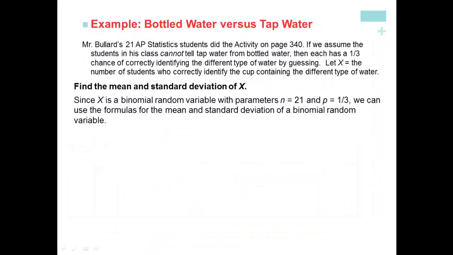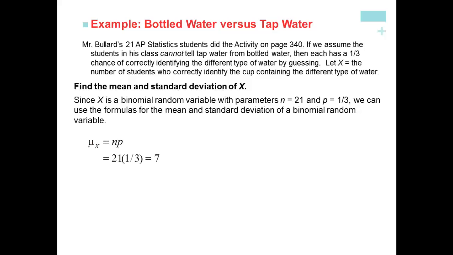Here's an example. Take a moment to read this about the activity found on page 340. So here I want to find the mean and the standard deviation of x. Since x is a binomial random variable with parameter n equal to 21 because there's 21 students, and p equal to 1/3, we can use the formulas for finding the mean and the standard deviation of the binomial random variable.